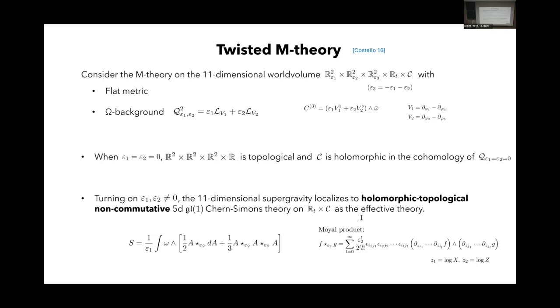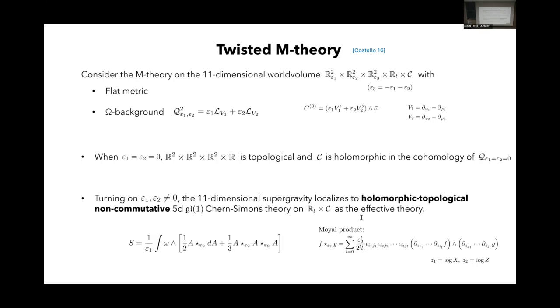One important fact about this theory is that under the cohomology of this Q, the theory is topological along R^7 and holomorphic along C^2. So the theory doesn't depend on the metric of the R^7 part, and it only depends holomorphically on the C^2 part.